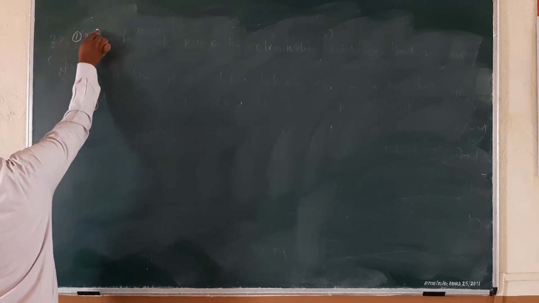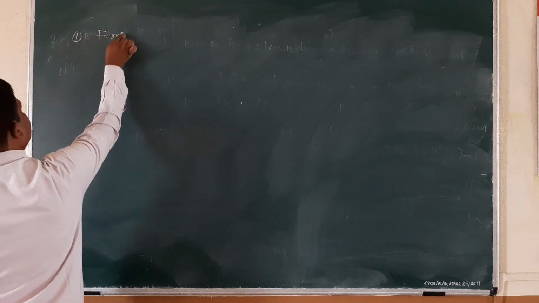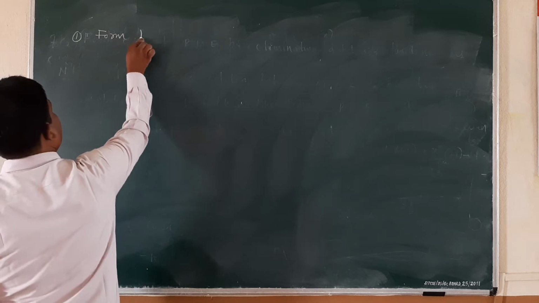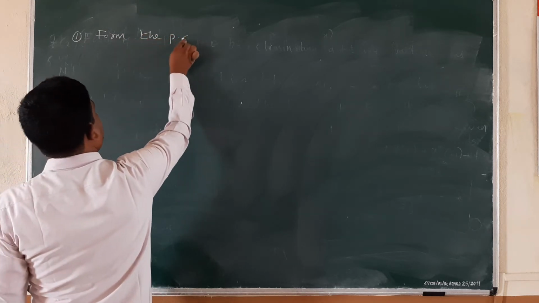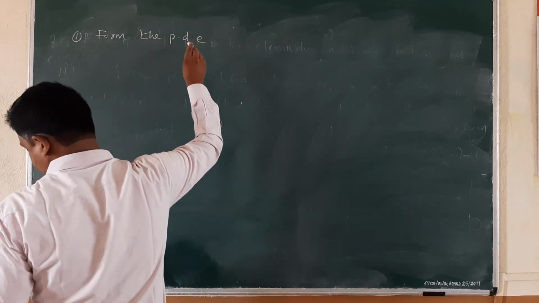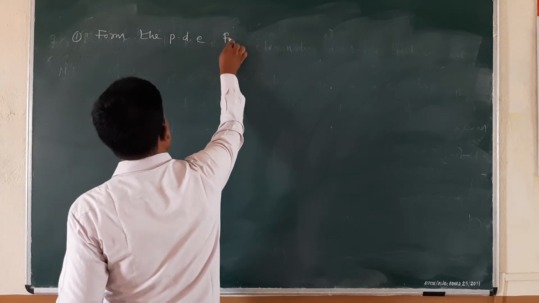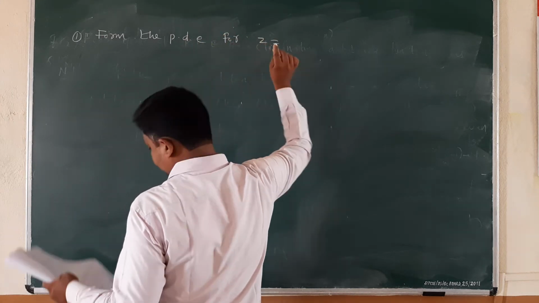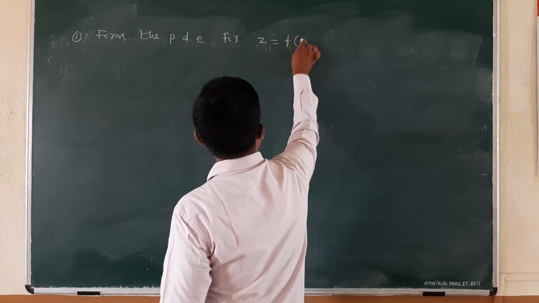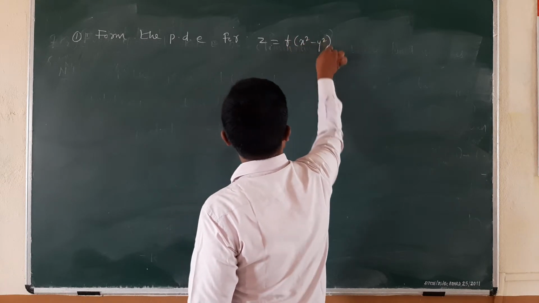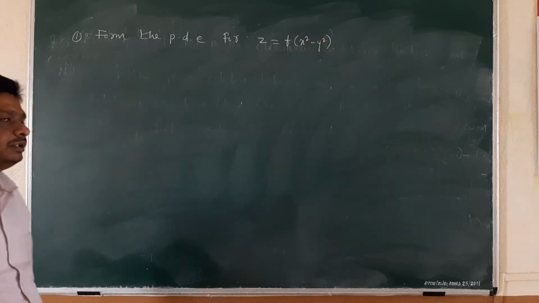Form the partial differential equation for z is equal to f of x square minus y square.